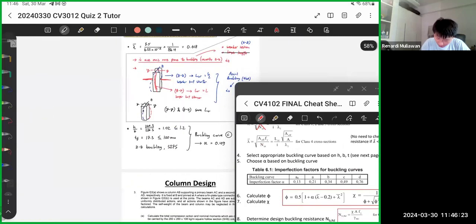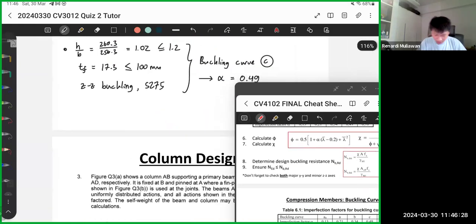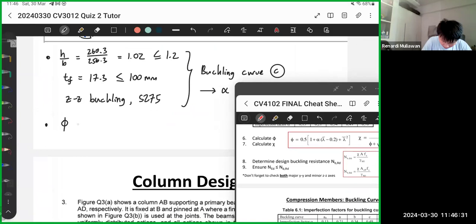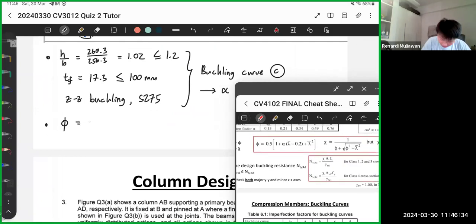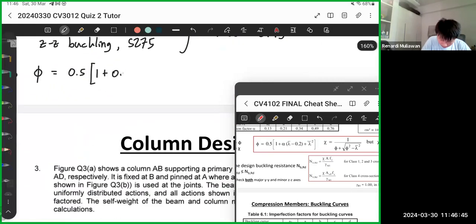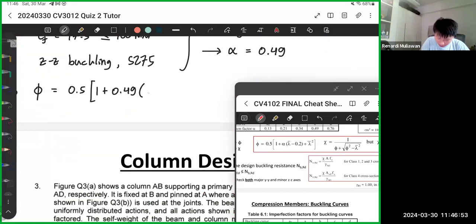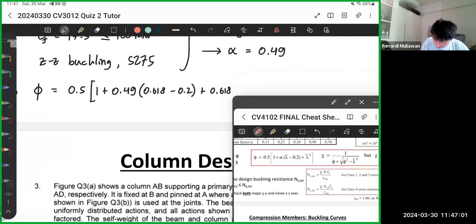So what's next? It's the typical calculation. You find phi, which is 0.5 times 1 plus alpha, which is 0.49, times lambda bar minus 0.2, plus lambda bar squared, where lambda bar is 0.618.